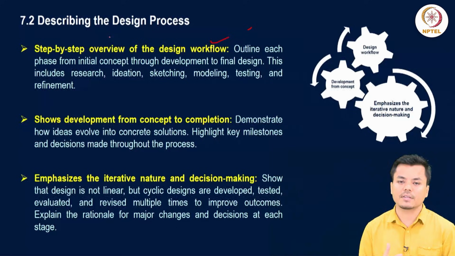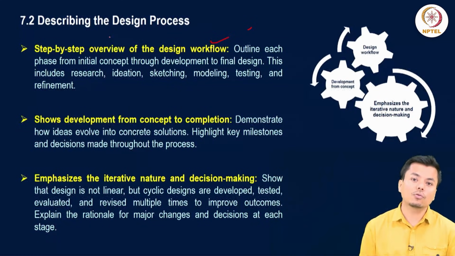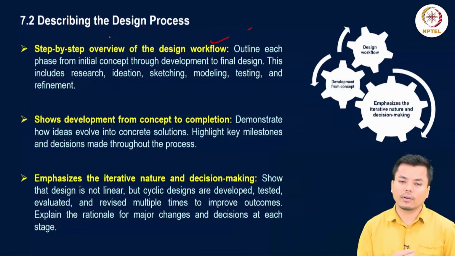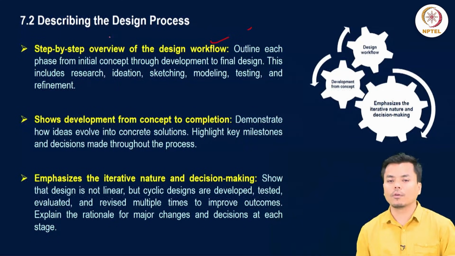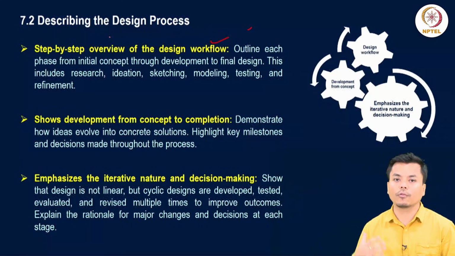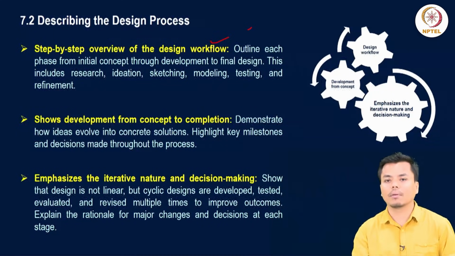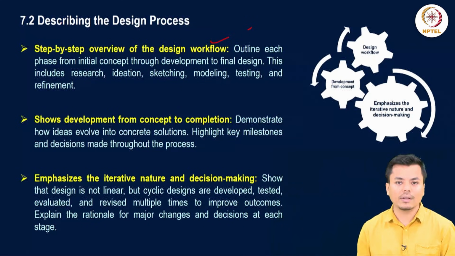It is a cyclic process, or if you take one step further, you may have to take 2 to 3 steps back and rectify things in your floor plan or in your elevation stage before you show the site elevation, or before you show the site section of the entire project. So this is why this process has to be documented, and the same has to be shown by adding relevant photographs in your design process explanation stages.